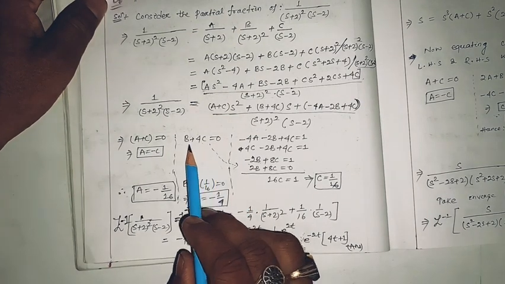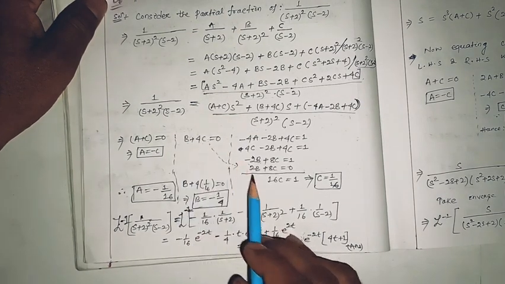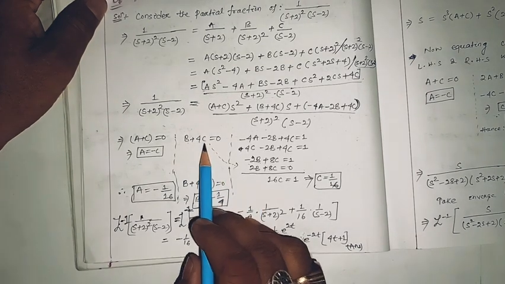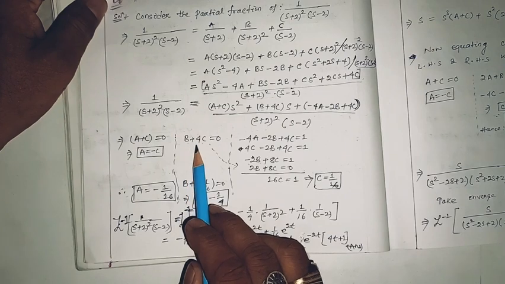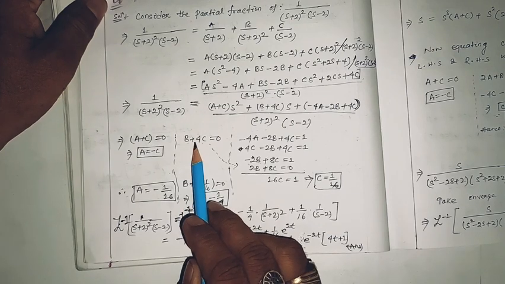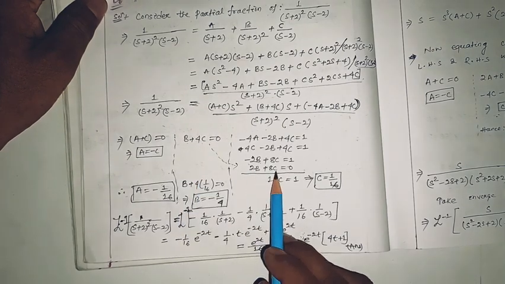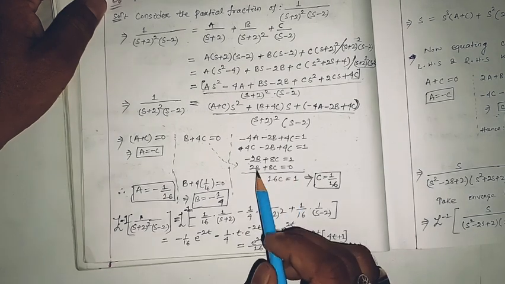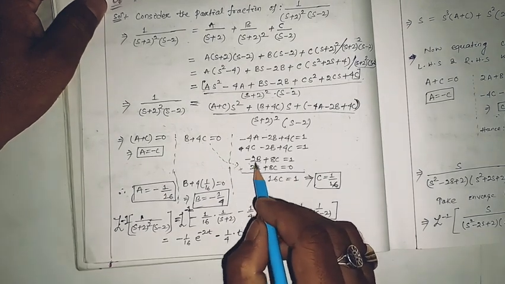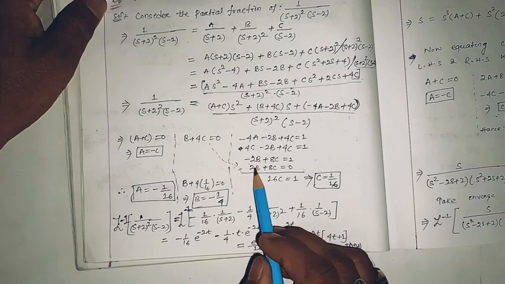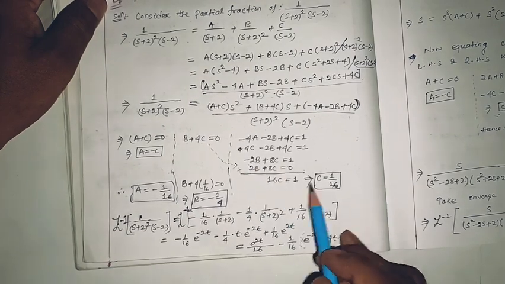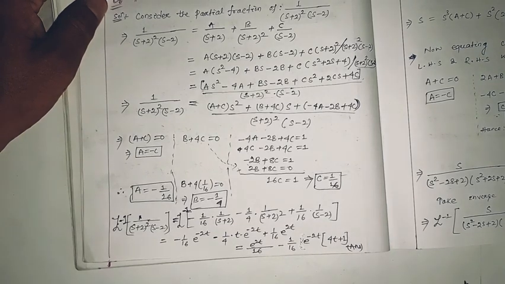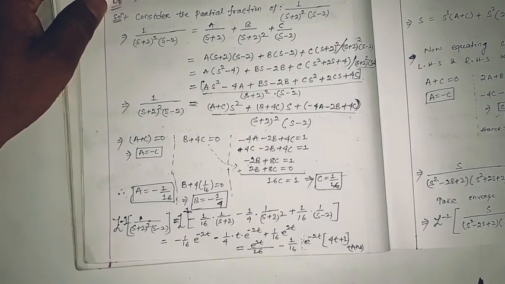And if I multiply the equation b plus 4c equal to 0 by 2, we get 2b plus 8c equal to 0. If I add these two, the 2b and minus 2b cancel out, and we get 16c equal to 1. So we find c equal to 1 by 16.